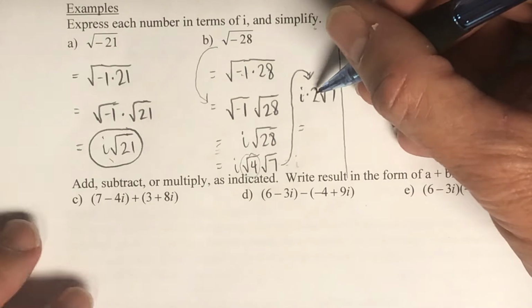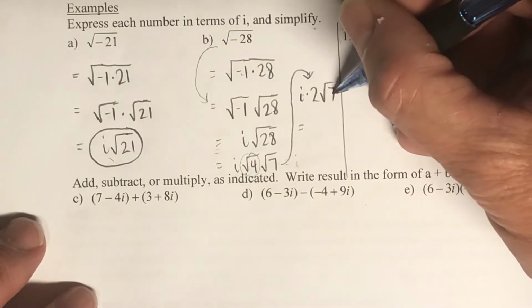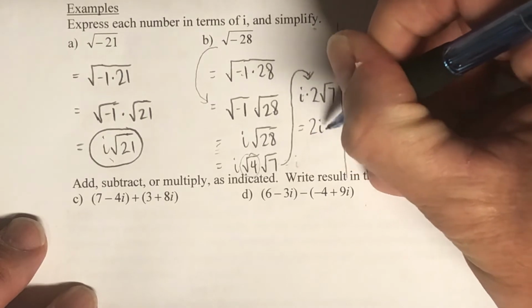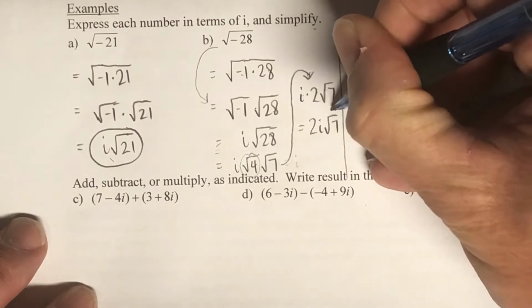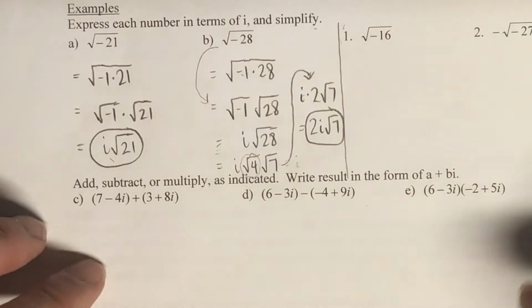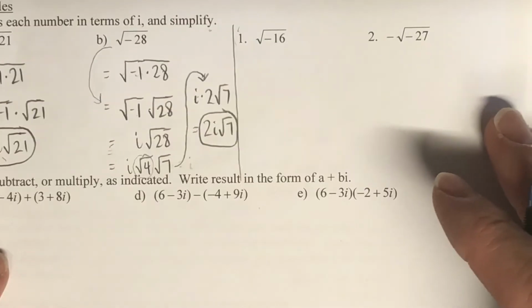You never multiply outside the radical times something inside the radical. But you can do I times 2, which is 2I. And so we simplified the radical after we wrote it in terms of I, and that's why we're now done with that problem right there.